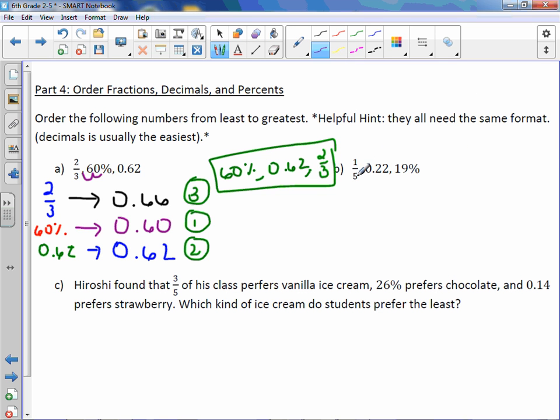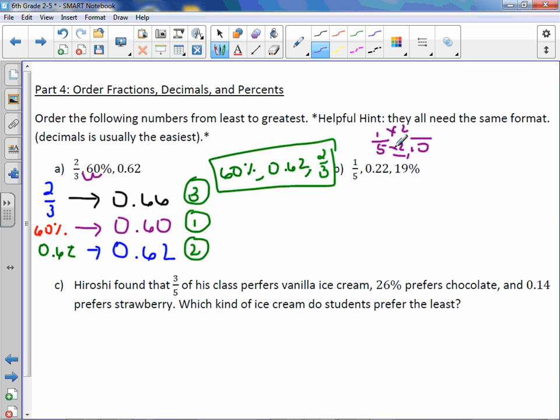Letter B. 1/5, I'm going to have to do some math for that. I'm going to change the fraction. I'll do it up here. I can change it to a power of 10. In fact, that power of 10 is 10. To get from 5 to 10, I multiply by 2. I'm going to do the same up top and multiply by 2.